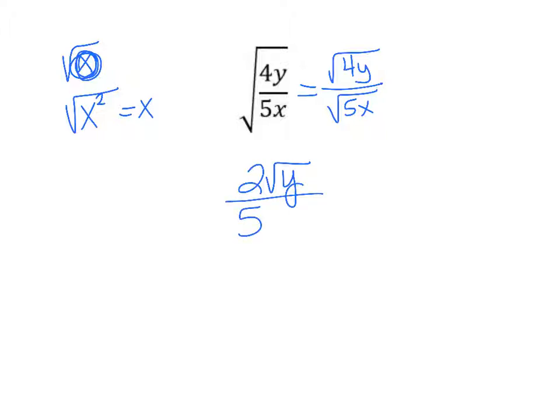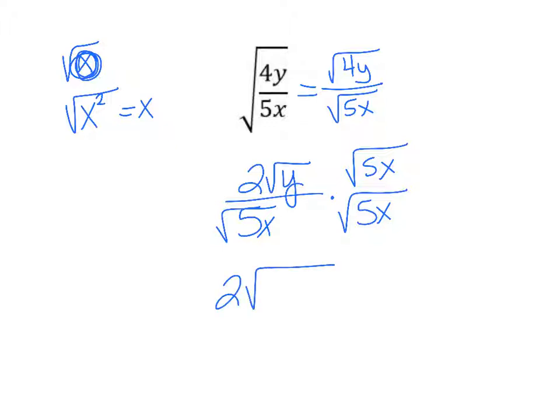The denominator does not clean up. It's still a square root of 5x. So that's what I'm going to multiply by. I'm going to multiply by itself, square root of 5x times square root of 5x. In my numerator, I can multiply like things, so the 2 is going to be by itself, and in the radical, I'm going to have the 5, the x, and the y all underneath the radical.